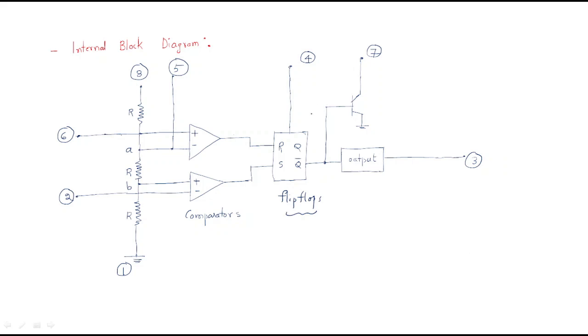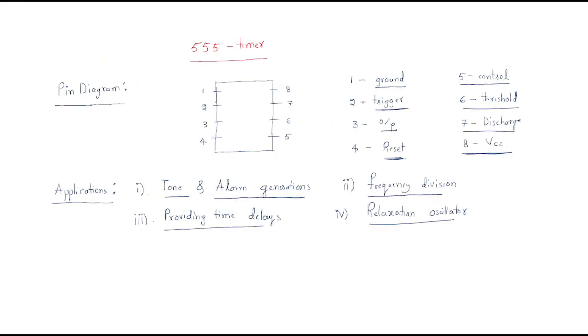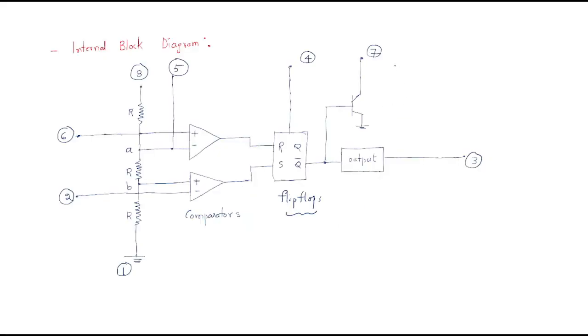After that, the output is given to the transistor, which is connected to the discharge pin. After the discharge, we get the output here, and this third point is the output.